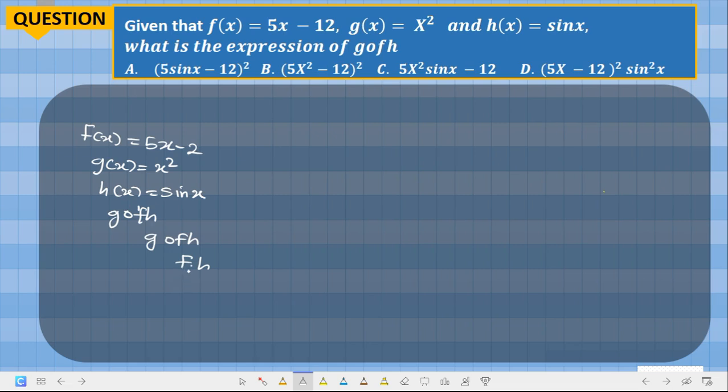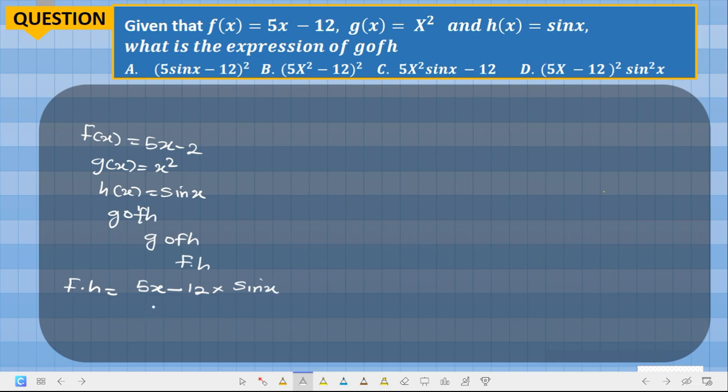F dot h simply means multiply the value of f by h. So if we take that, f dot h will be equal to, what is our f? f is 5x minus 12, times, what is our h? Our h is sine x.